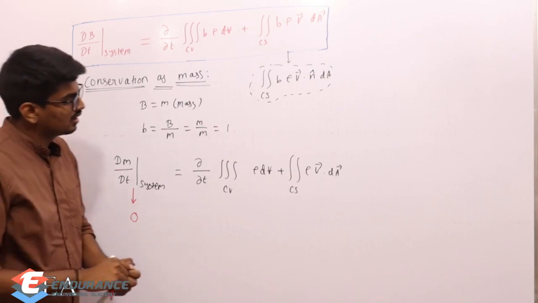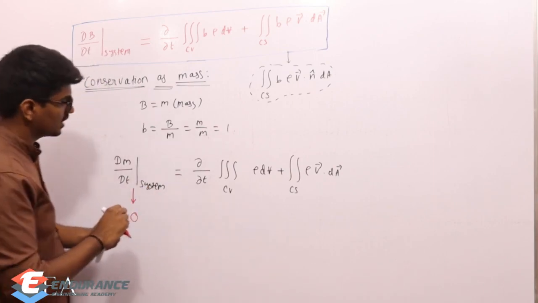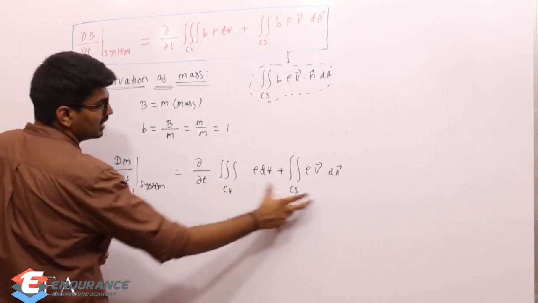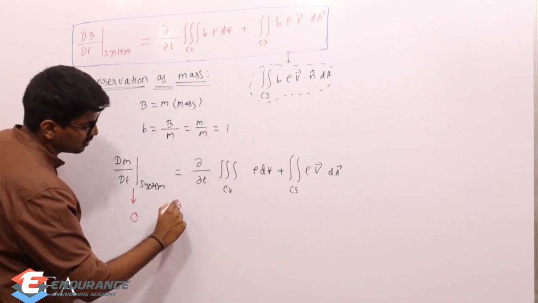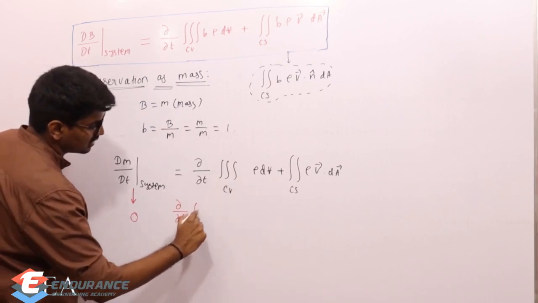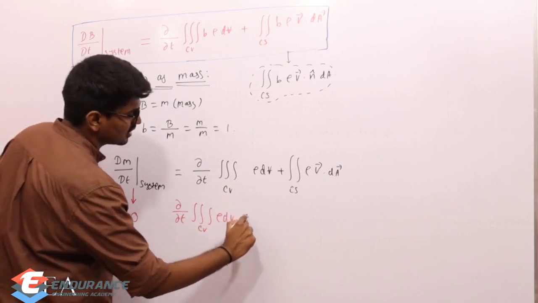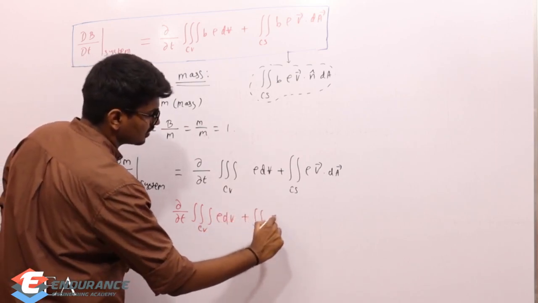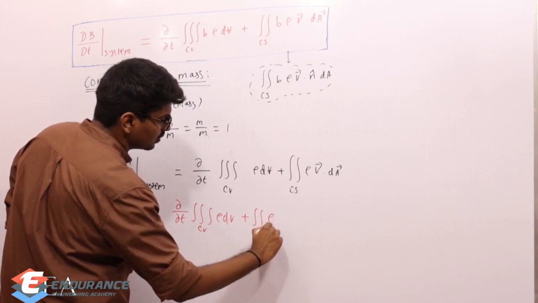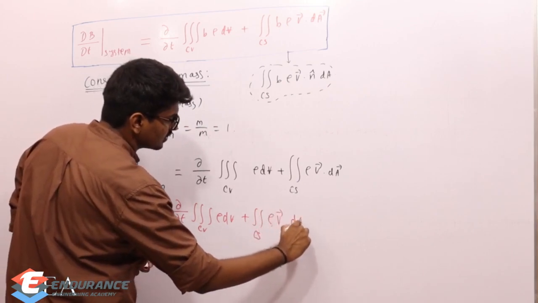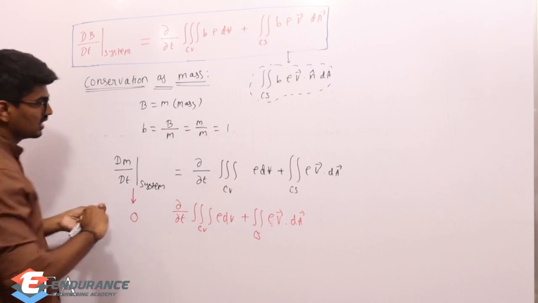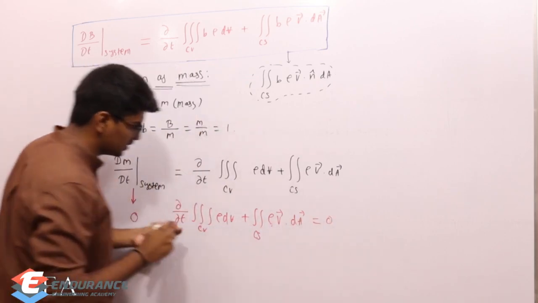Now let me write this equation. Dou by dou t triple integral of control volume rho dV, plus double integral of rho v vector dA vector, is equal to 0.